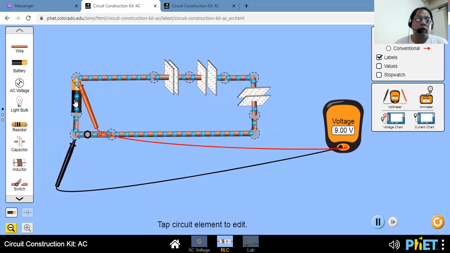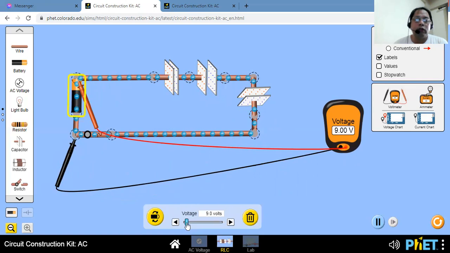As I've said, you can vary the value of the voltage by increasing it over here. You can go as high as 120, or as low as this one. But you don't have to use a very large value because for your experiment, you have to set a single value all throughout.